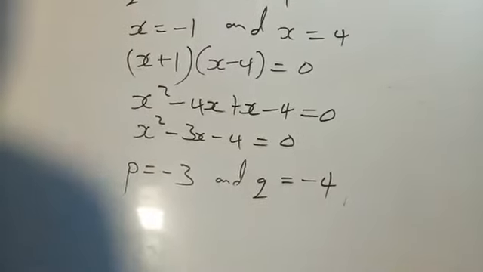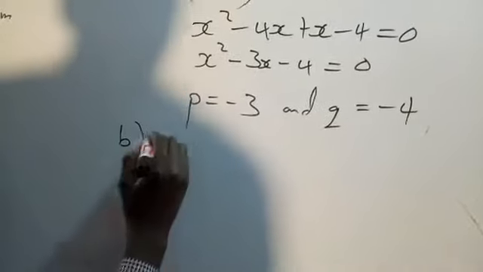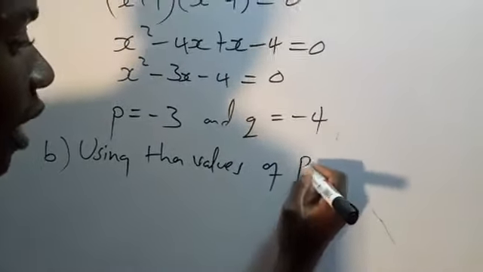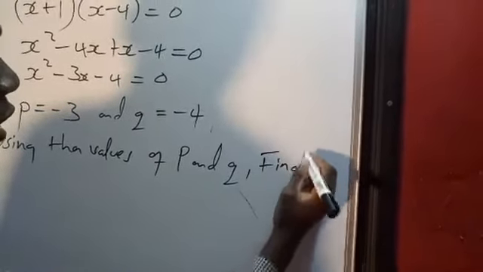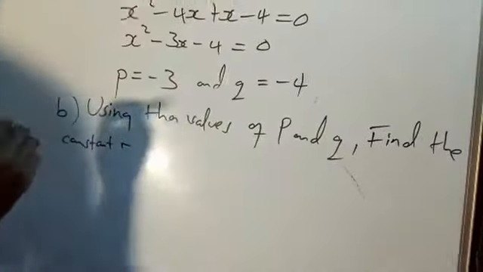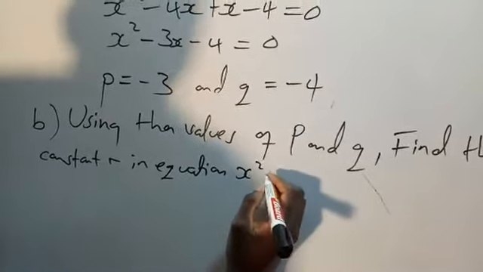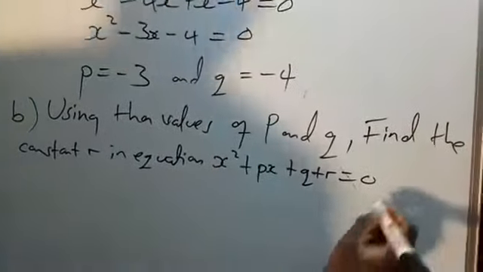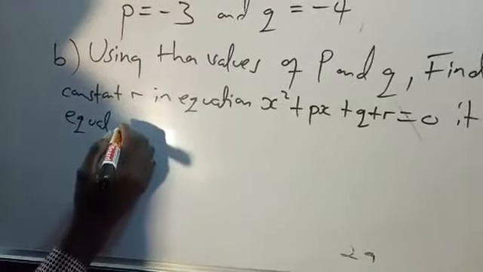And then there is its part B, saying using the values of p and q, find the constant r in the equation x squared plus px plus q plus r equal to 0, where it has equal roots.